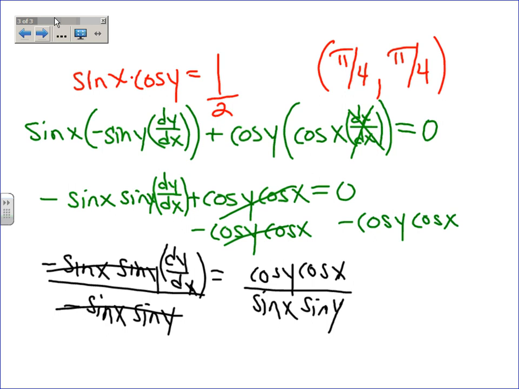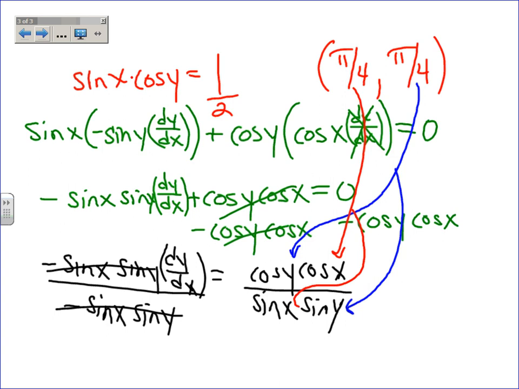So wherever I see a y, I'm going to put that, and wherever I see an x, I'm going to put the same thing. Why did I say I chose such a nice place? Pi over 4, it's on the unit circle.